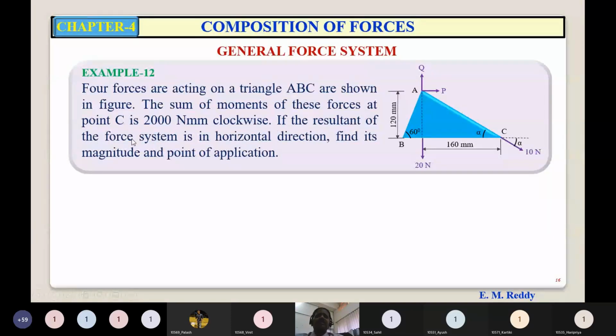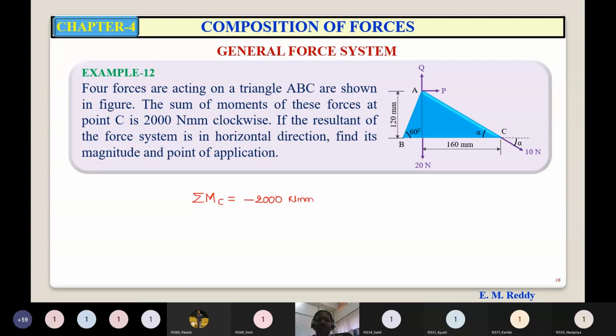If the resultant of the force system is in horizontal direction, find its magnitude and point of application. Conditions are given. One is the sum of moments of these forces about point C, summation MC, is equal to 2000 Newton millimeter clockwise, meaning minus.